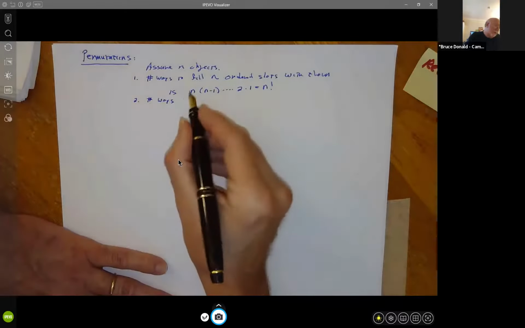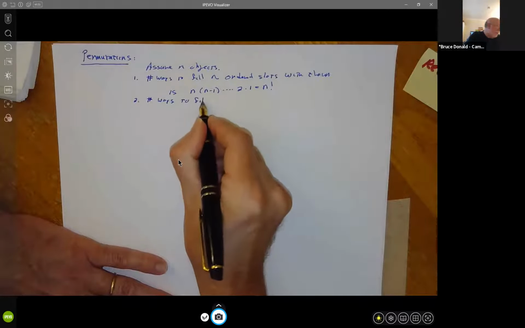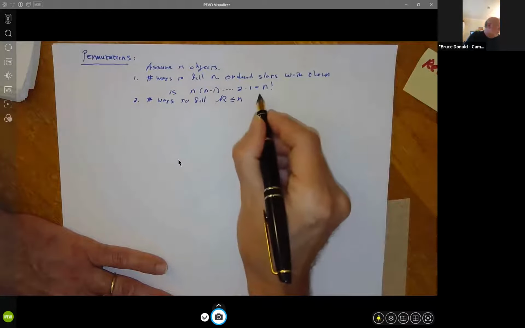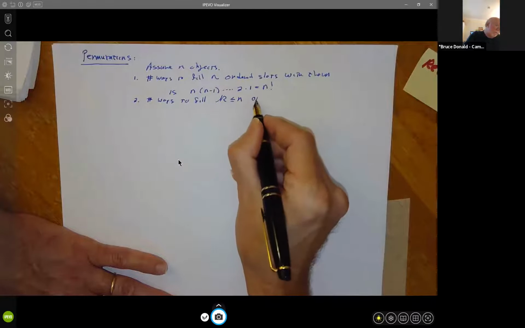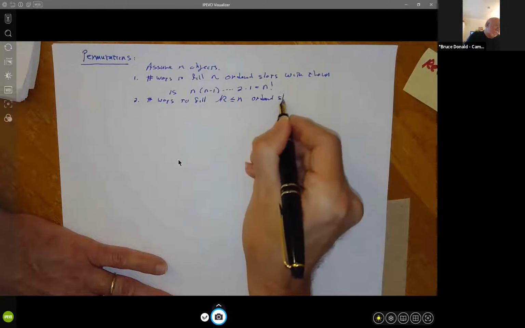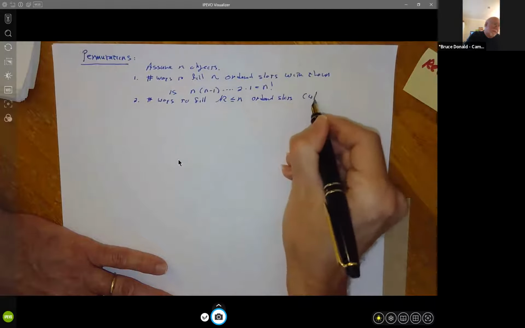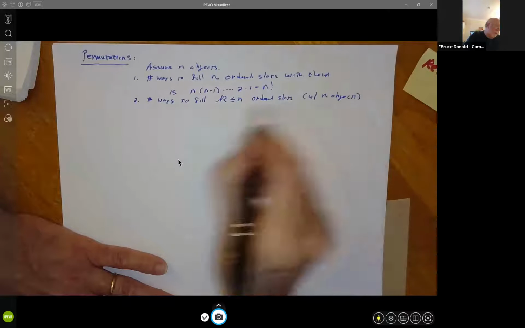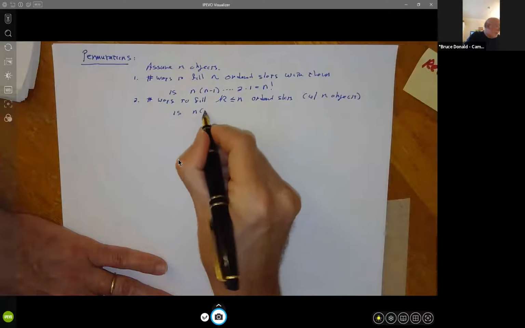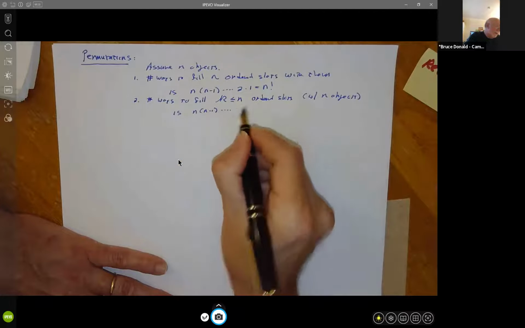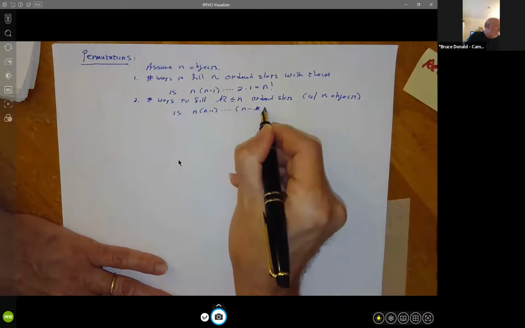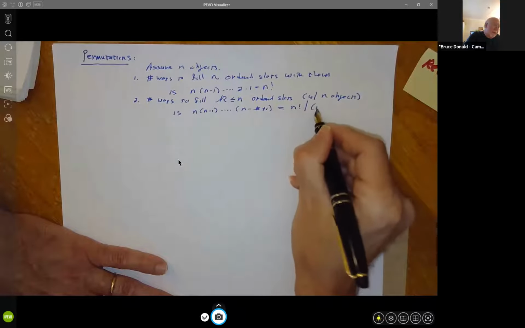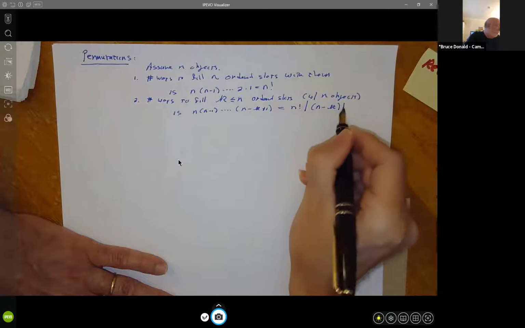The number of ways to fill a smaller number of slots, say k, but I'll let it be as big as n, ordered slots, again with the same n objects, is n times n minus 1 multiplied down to n minus k plus 1, which can be written as n factorial over n minus k factorial.